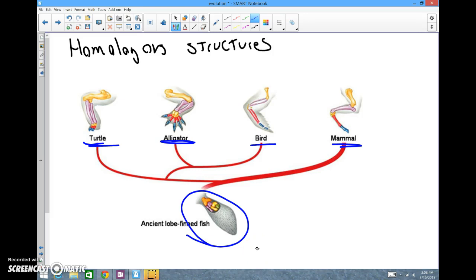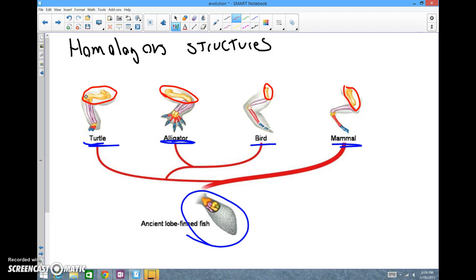And what you'll notice is color-coded in each diagram are bones. And each color bone that's the same. So for instance, you can see in the mammal, there's this bone that's colored yellow, whereas in the bird, it's that bone. In the alligator, it's this bone. And in the turtle, it's this bone.